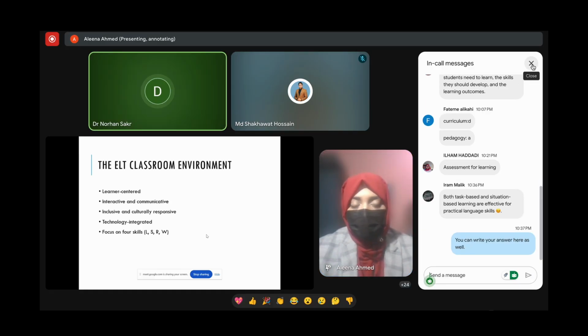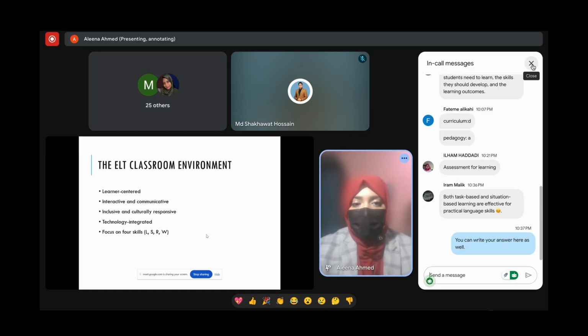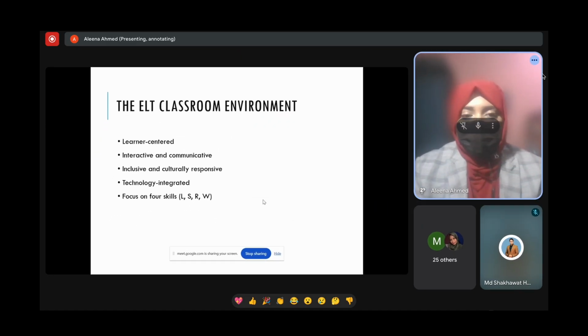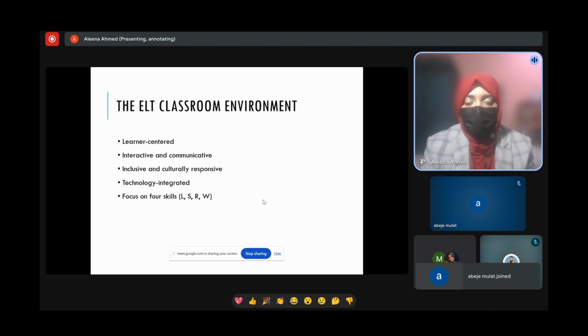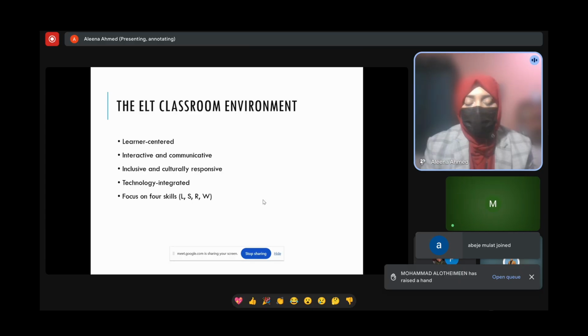So what do you think how it should be? Can you clarify your question, please? I have just asked what an ELT classroom should look like. Should the environment be like a teacher is talking and students just listening, or should it be more socializing and interacting with each other?